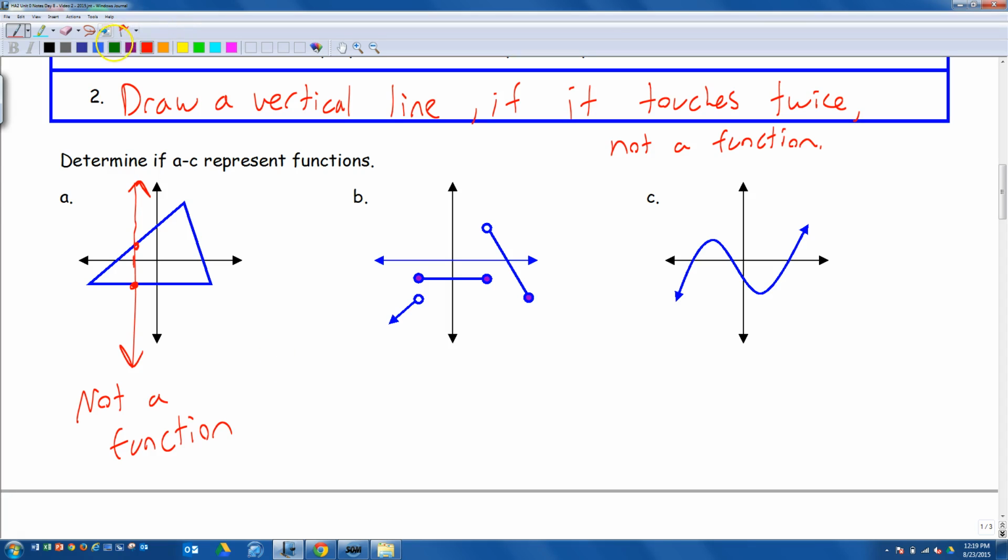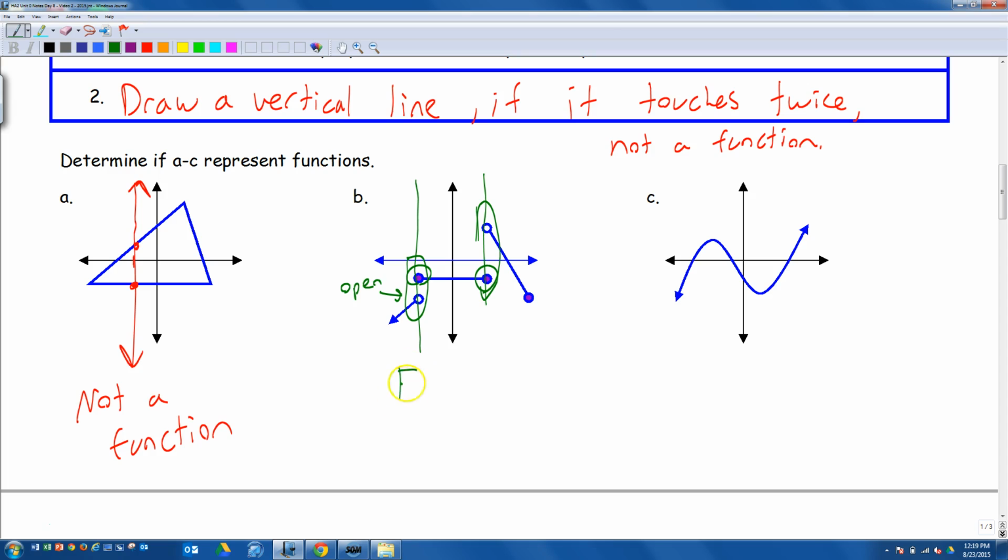B is a little weird just because it's a piecewise graph, and you guys are going to see that in a little bit. But the only problems that you might have are here and here, because if you draw a vertical line through them, you hit two things. However, since this is open, there's nothing there. So really you're only hitting one thing here, and you're only hitting this thing here. You're only hitting those two things.